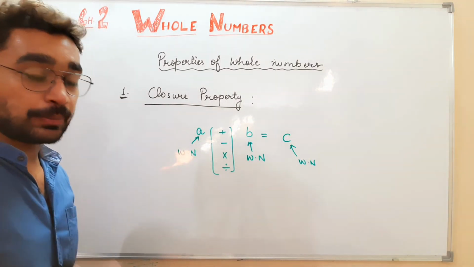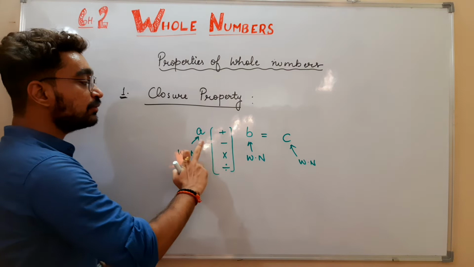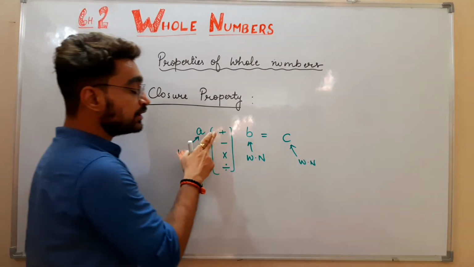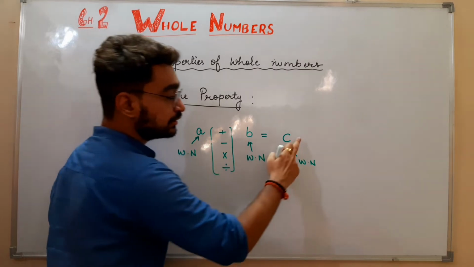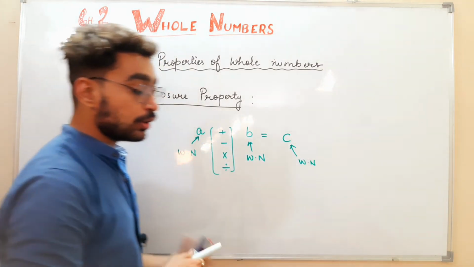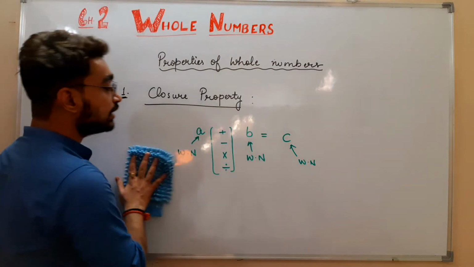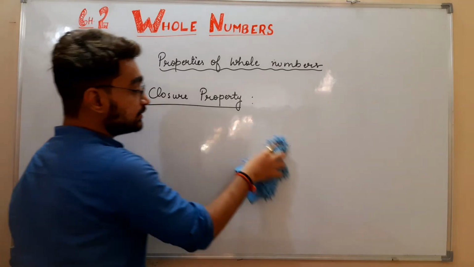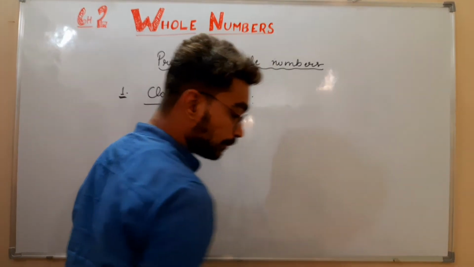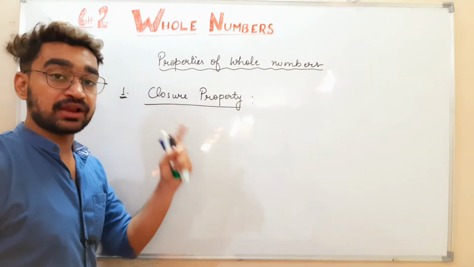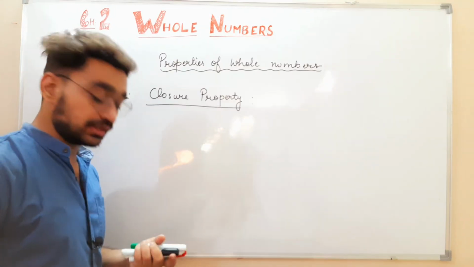If we have two whole numbers, then after doing the mathematical operation, the result should also be a whole number. So now let us check whether this closure property is applicable in all four mathematical operations: addition, subtraction, multiplication and division. Check it.